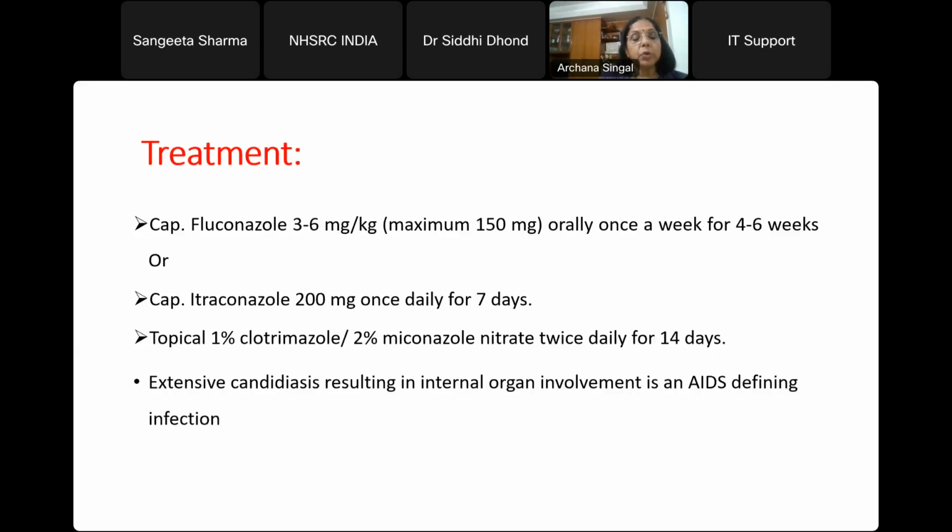So the treatment, you remember, is fluconazole 150 milligram once or twice a week for 4 to 6 weeks, and topical clotrimazole paint. And extensive candidiasis can result from immune suppression. So if there is esophageal candidiasis along with oral candidiasis, one should look for HIV/AIDS. Next.